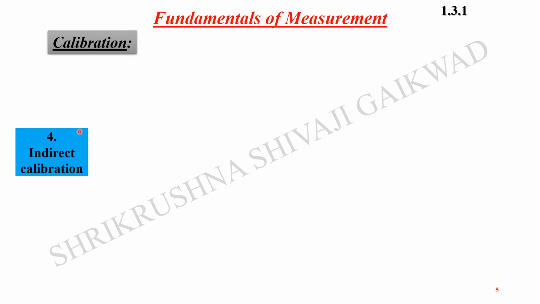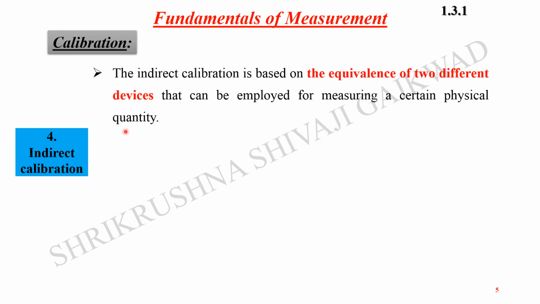Now the next type is the indirect calibration. Indirect calibration is based on the equivalence of two different devices that can be employed for measuring a certain physical quantity. So we try to have the indirect calibration, where there is an equivalence of the two different devices for measurement.